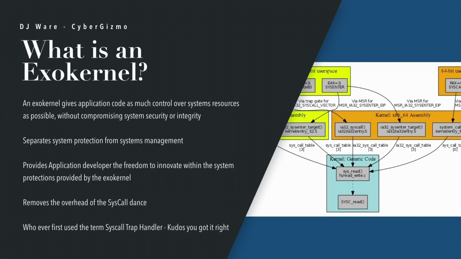The application developer gets to choose how to manage the resources on the system. In other words, they're now acting as a privileged resource, even though they're not really one. That gives them the freedom to innovate within the system, protected by the systems kernel.